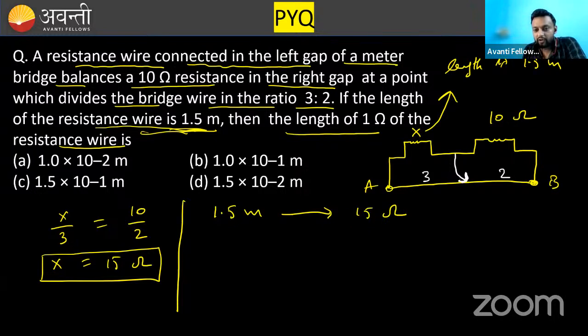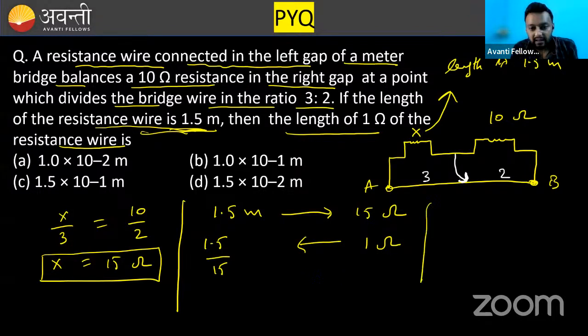So they are asking me, 1 ohm will have a length of 1.5 divided by 15. So that will be, is it clear? 0.1 meter. And 0.1 meter, can you identify out of these options which is 0.1 meter? I think B is the option which has 0.1 meter.